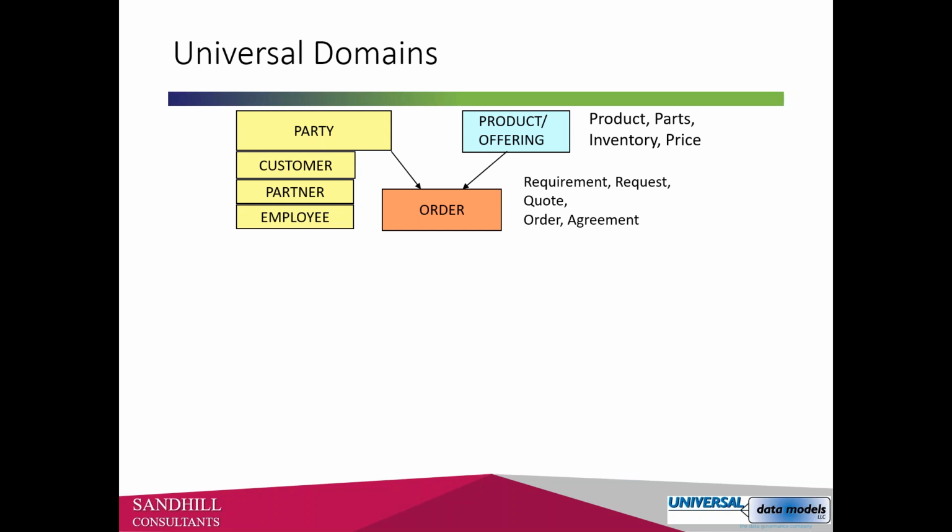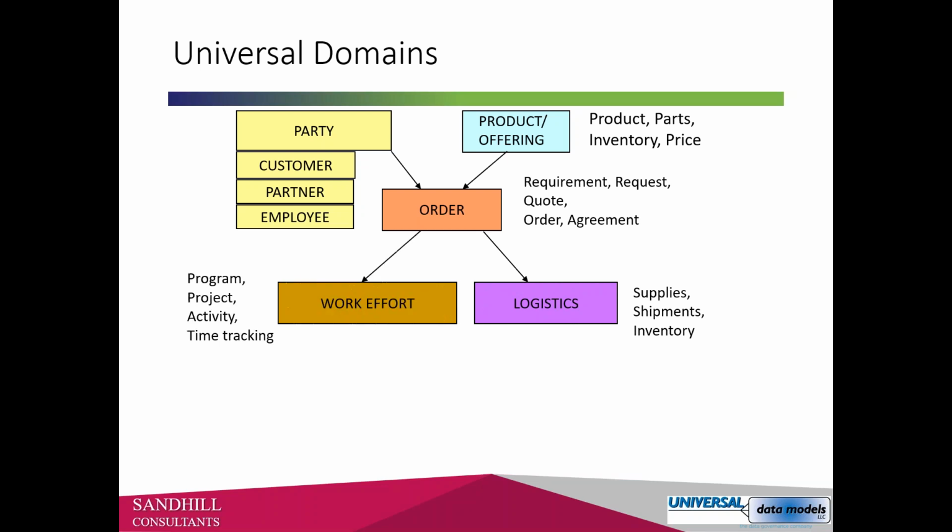Then in a universal business domain, after we make a commitment, okay, now we fulfill the commitment either by shipping things and logistics, shipping parts, or by getting work done. Let's say it's manufacturing, we have to custom build parts, or we have professional services, we have to do activities and tasks.